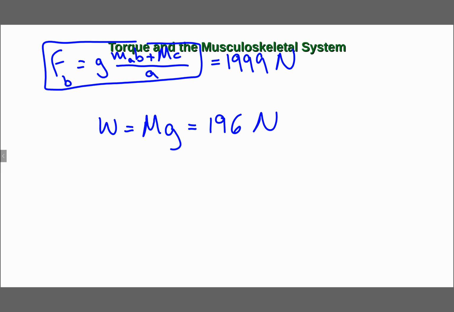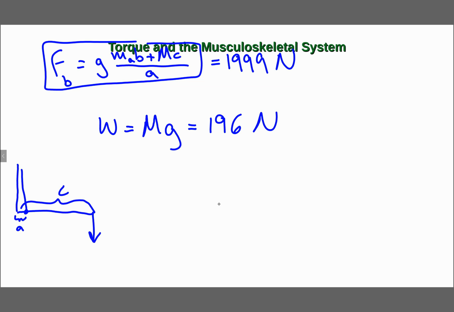So the force that the bicep is pulling with is like 10 times the weight of this object, right? And that's because, remember, when I had the picture here, the object is way out here. So it has this whole great big moment arm to pull down with, and the bicep has to pull up with just this little tiny moment arm here, A. We called that C.